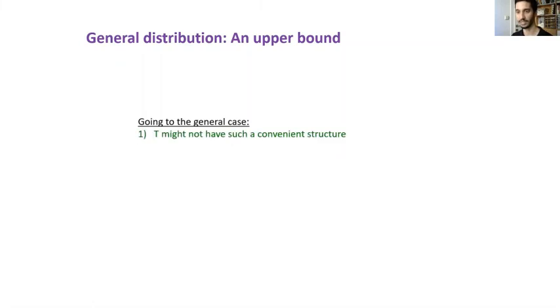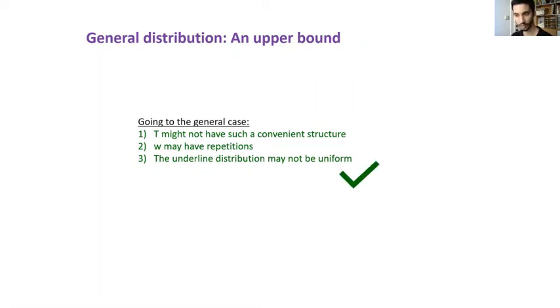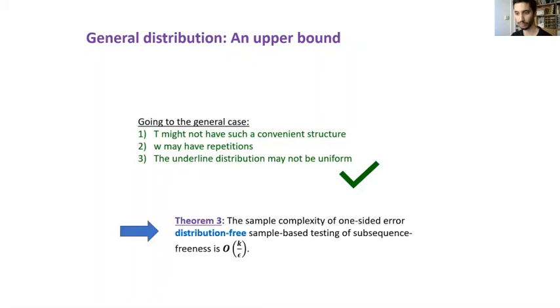We have handled the case where T does not have a convenient structure, and also the case where W is general and may contain repetitions. And then we have handled the case where the distribution is not uniform, but a general distribution. So in conclusion, we have proved the following theorem. The sample complexity of one-sided error distribution-free sample-based testing of subsequence freeness is k over epsilon.